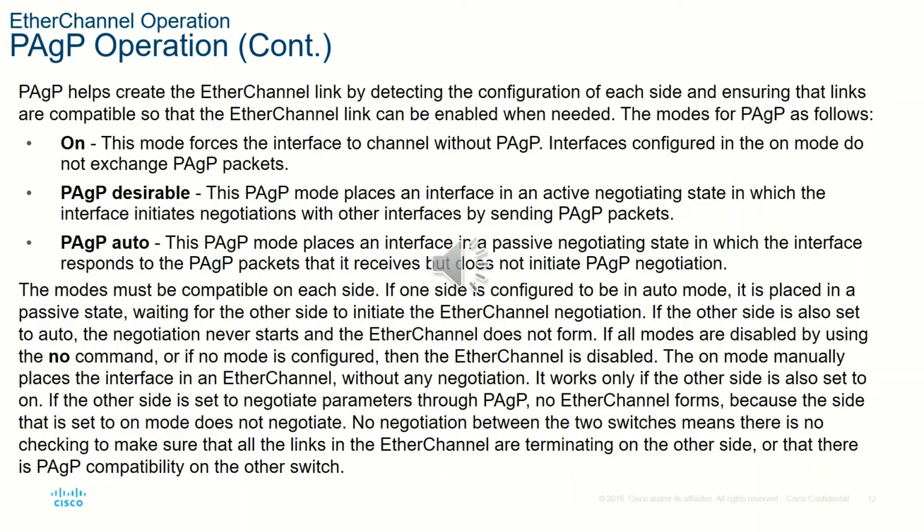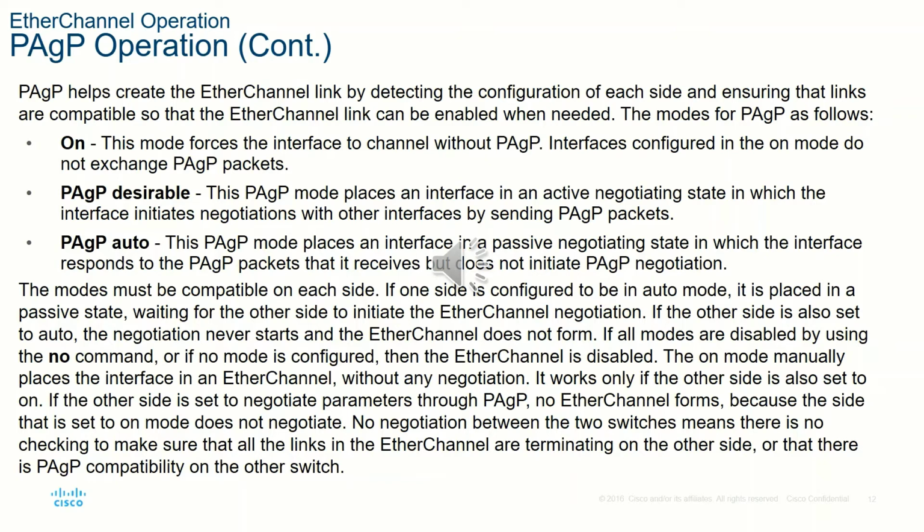We have another mode, PAgP auto mode. The PAgP auto mode places an interface in a passive negotiating state. In this state, the interface responds to the PAgP packets that it receives, but it does not initiate PAgP negotiation. When you configure the interface of a switch as PAgP auto, it will not initiate the connection by sending PAgP packets.